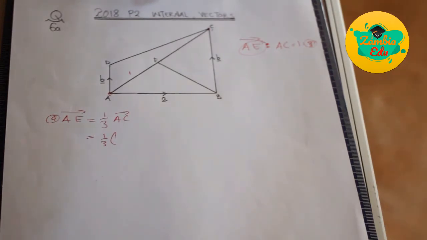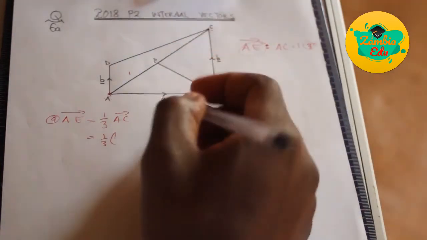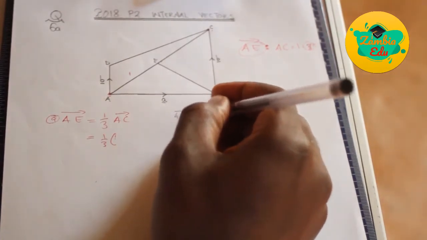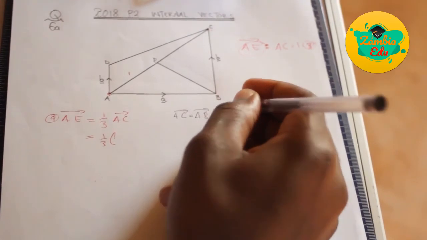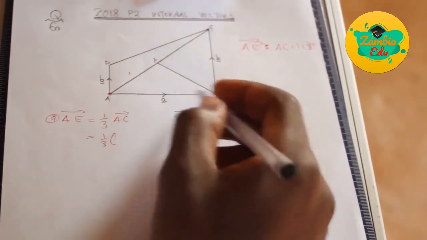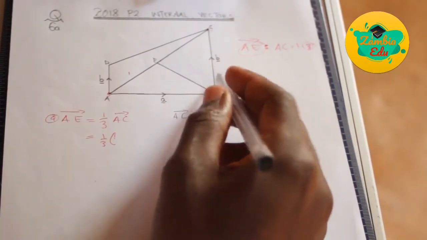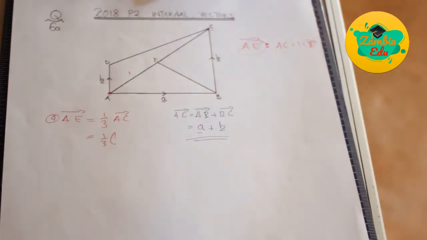So what is AC? For us to be able to find AC, we need to calculate. We've not been given AC already. However, we can calculate AC using AB plus BC, which will be equal to AB is A plus BC.